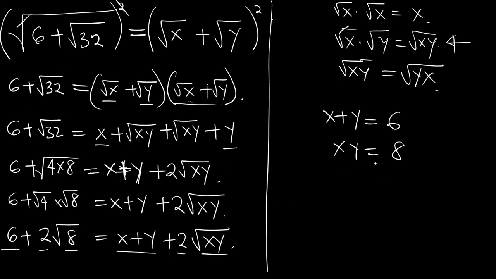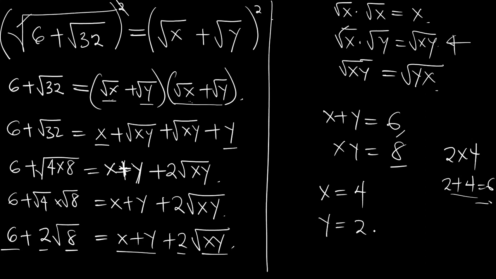So what are the factors of 8 that when you add them together will give you 6? The factors of 8 are 2 times 4. So 2 plus 4 will give you 6. So that means x is equal to 4, while y is equal to 2.